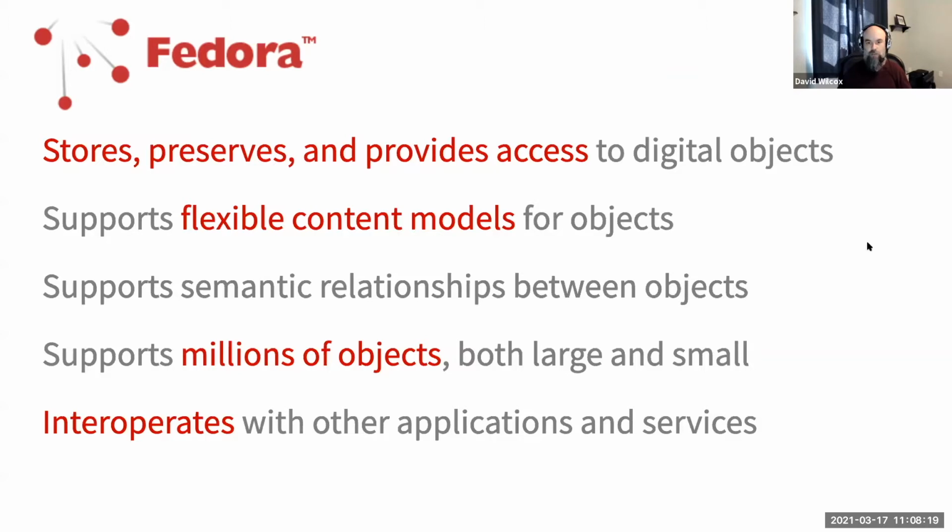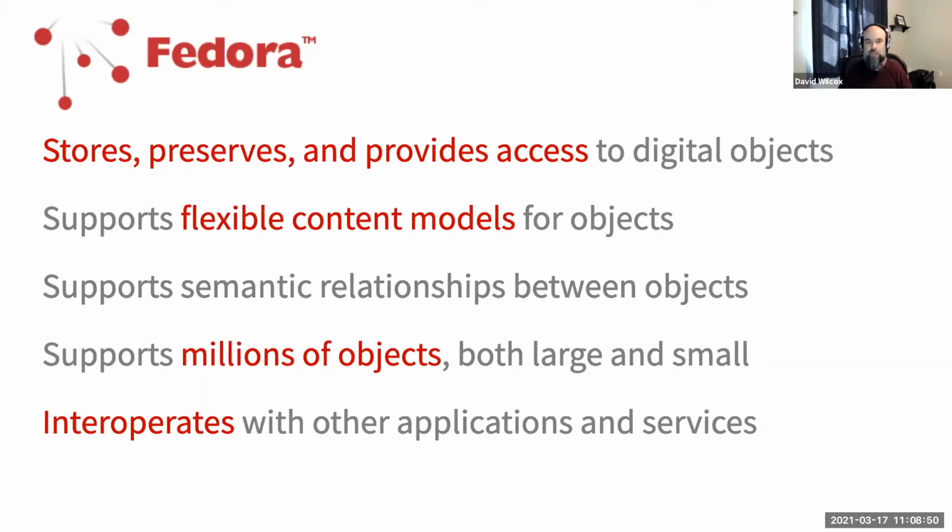So one of the features that Fedora provides really is the sense of flexibility in being able to organize your content however you choose and model it however you choose. Largely, this is achieved by supporting semantic relationships between objects. So if you're familiar with linked data and RDF, this is what Fedora uses to build linkages between resources in the repository. And we'll talk a little bit more about that as we get into the details here.